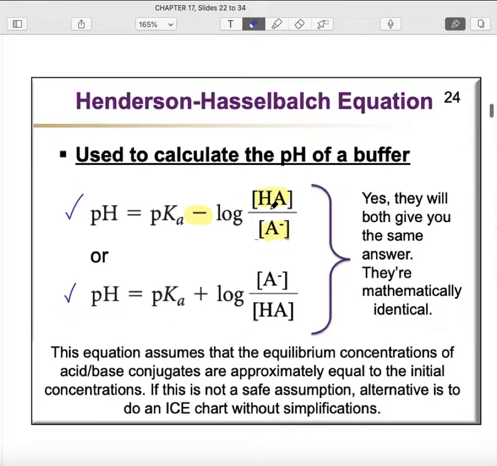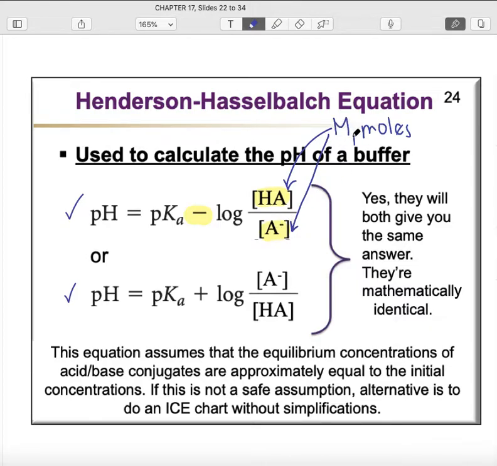Now, because we have here the ratio of two molarities of two substances that are in the same solution, so under the same volume, we are actually able to either utilize molarities, or we could utilize moles of the acid and the base. As long as we are utilizing the same unit or the same variable for both of these, we would be okay.